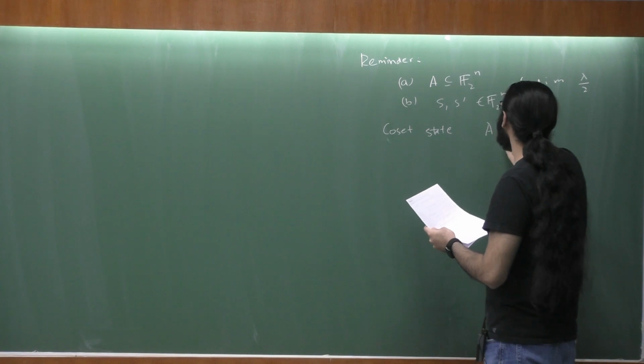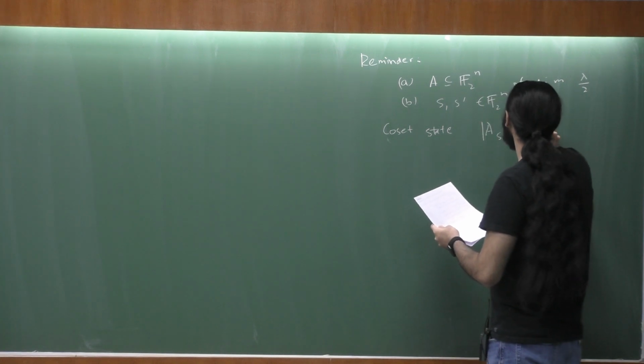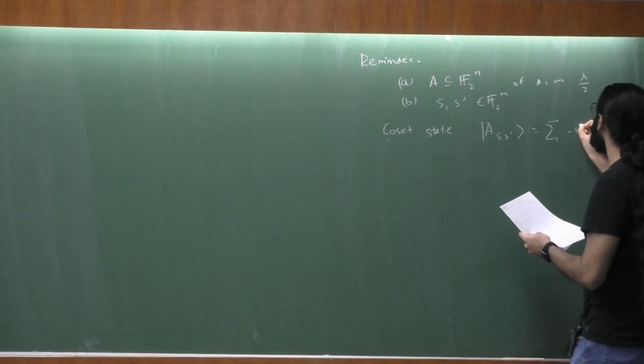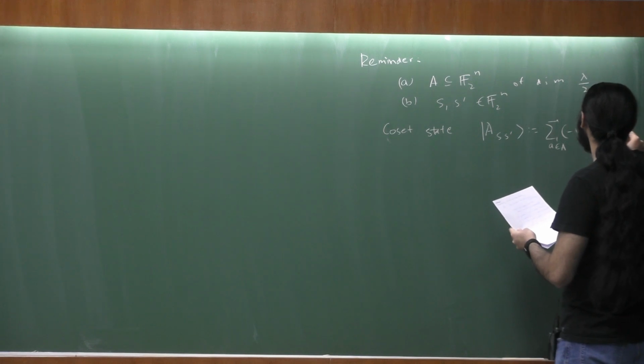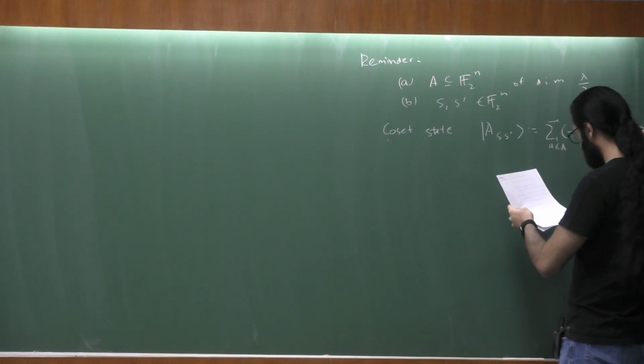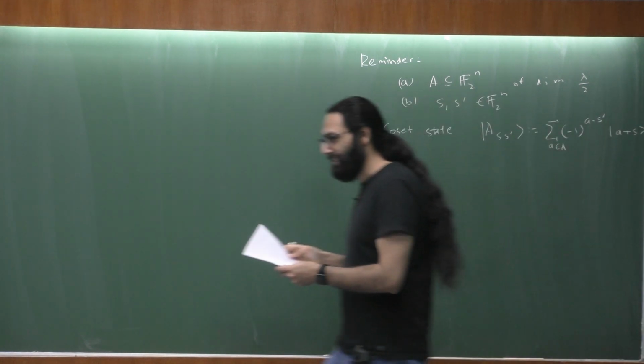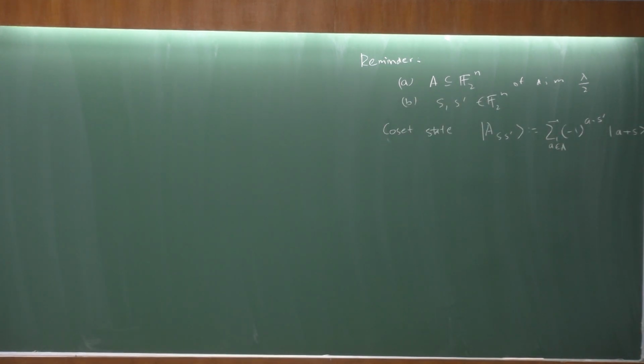So A, S, S prime, this is defined as follows. It's minus 1 to the, what is it, sum over a in capital A of a dot S prime, and a plus S, something like that. Okay, let's check quickly.